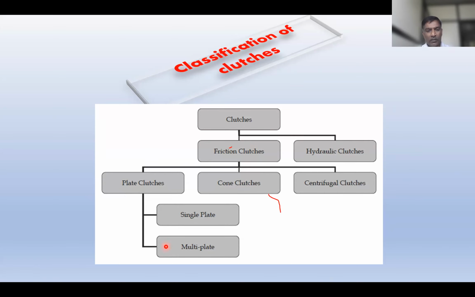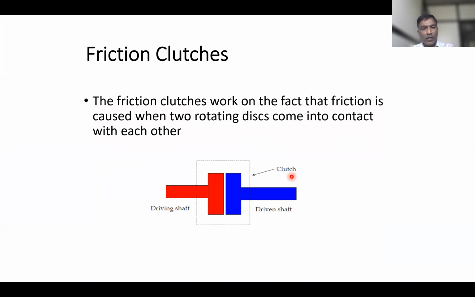Under the friction clutch, there are plate clutches, cone clutches, and centrifugal clutches. Under the plate clutch, single plate and multi-plate. So this is a somewhat different classification, but the basic classification is positive clutches and gradual engagement clutches. Okay, so this we have seen.